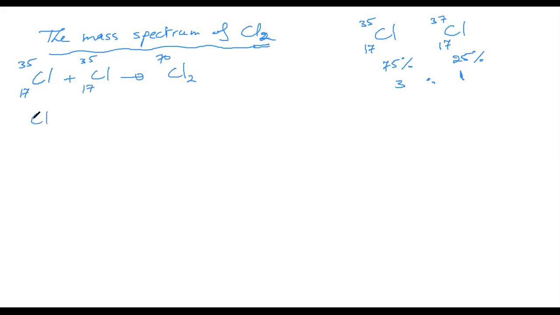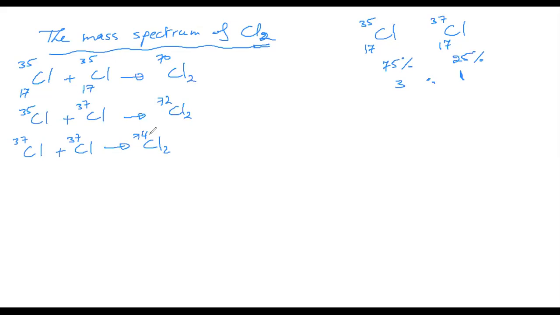Or it can be formed from one chlorine-35 atom and one chlorine-37 atom, so we get 72. Or it can be formed from two chlorine-37 atoms, and in that case, we get 74.